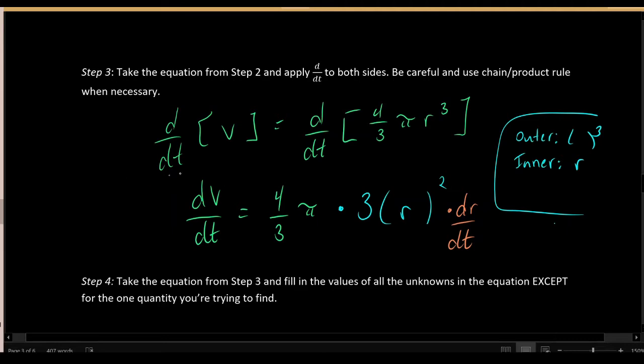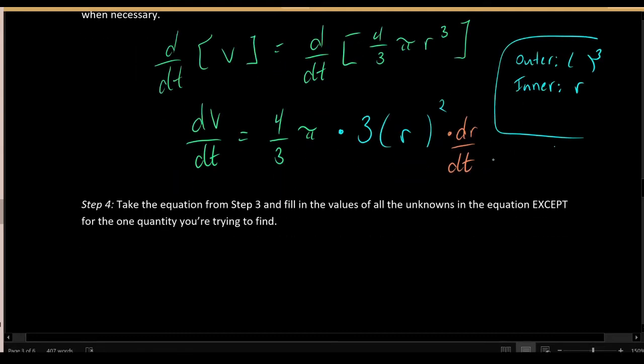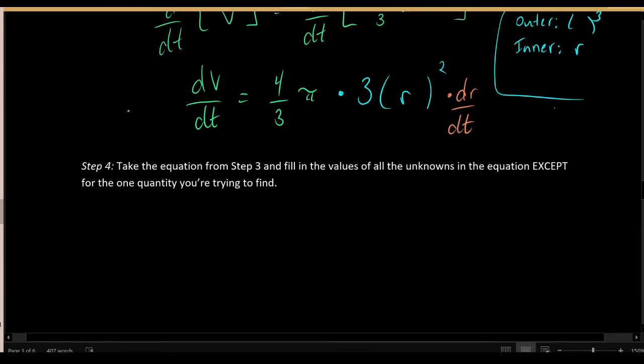Okay, so we took the equation from step number 2 and we applied d/dt to both sides. And we simplified that, being careful to use chain/product rule when necessary. Step number 4, let's take this equation from step 3 and fill in the values of basically everything that we can.